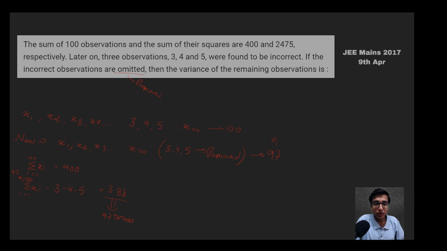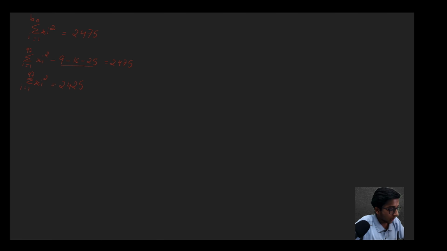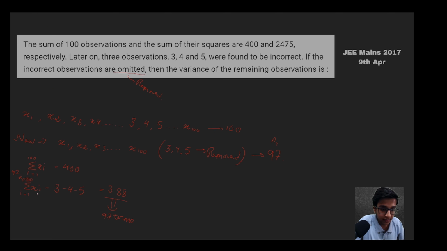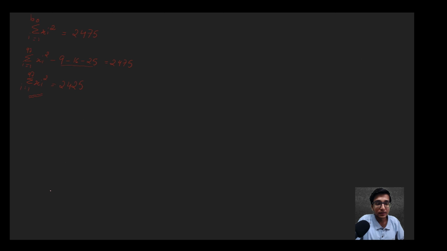Now what was asked to us in the question? We have to find out the variance of the remaining observations. Now it becomes fairly easy. Now that we've found out the new data set's squares summation and the new data set's sum, we know the formula for variance is equal to summation xi square upon n minus x bar whole square.